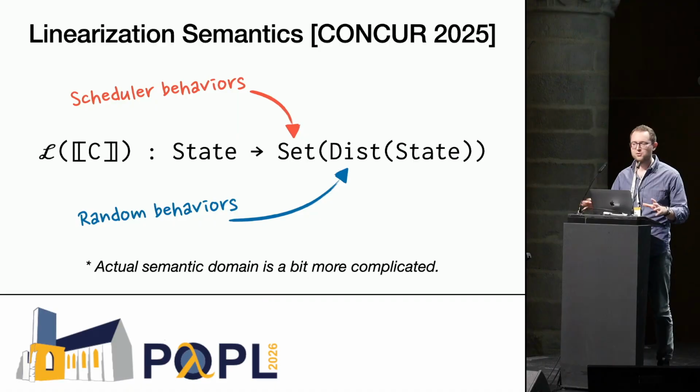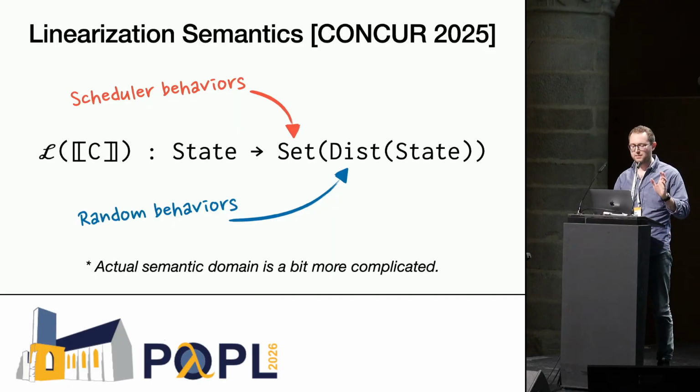I'm not going to get into exactly how this model works because it's very complicated, but what it gives you is this linearization model where you're able to take these parallel probabilistic programs and interpret them as maps from states to sets of distributions of states, where the set is the set of non-deterministic scheduler behaviors, and then for every behavior that the scheduler could have, you get a distribution of all the random behaviors that can occur.